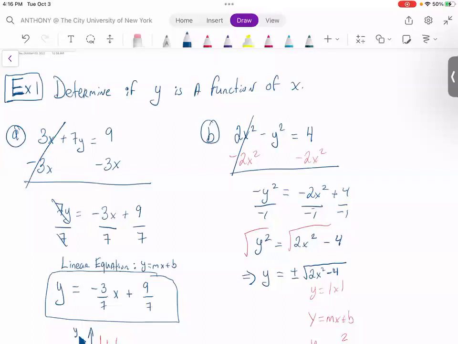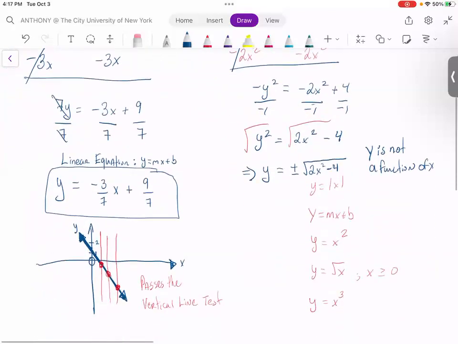So here we can see that y, in this example, is not a function of x. The reasoning now, let me just erase this equation stuff. The reasoning as to y, right? So we're writing out the reason.